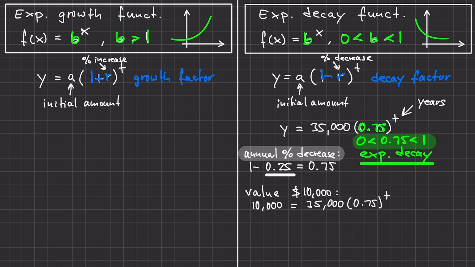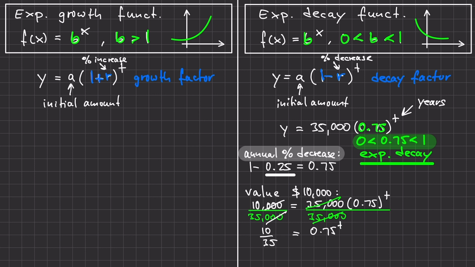Divide both sides by 35,000. So we get 10 over 35 equals 0.75 raised to the power of t.